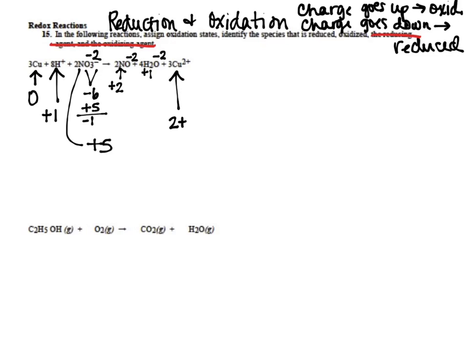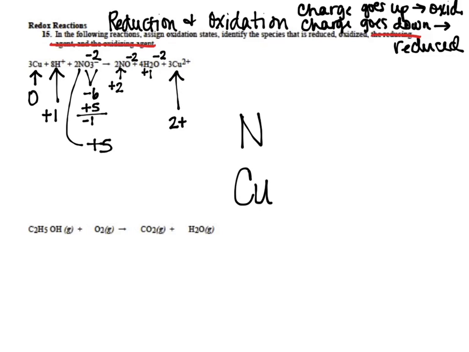So looking at those numbers, whose numbers change? You should find 2 elements whose numbers change. Nitrogen. Okay, so nitrogen went from a +5, and on the other side, it is now a +2. And copper.